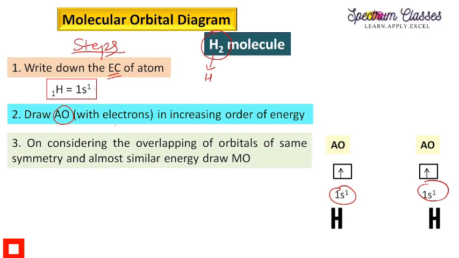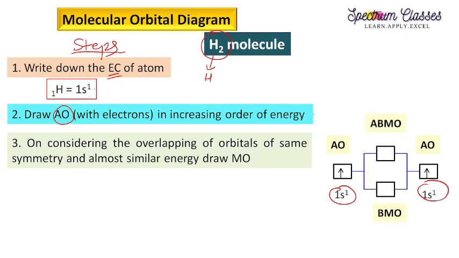Moving ahead, now we are going to consider the overlapping of these orbitals and what kind of molecular orbitals are formed by combining these atomic orbitals. So that we need to consider, and here we are forming the molecular orbitals. You can see here, this is the energy level of these atomic orbitals, and here is the bonding molecular orbital, which is lower in energy than the atomic orbitals.